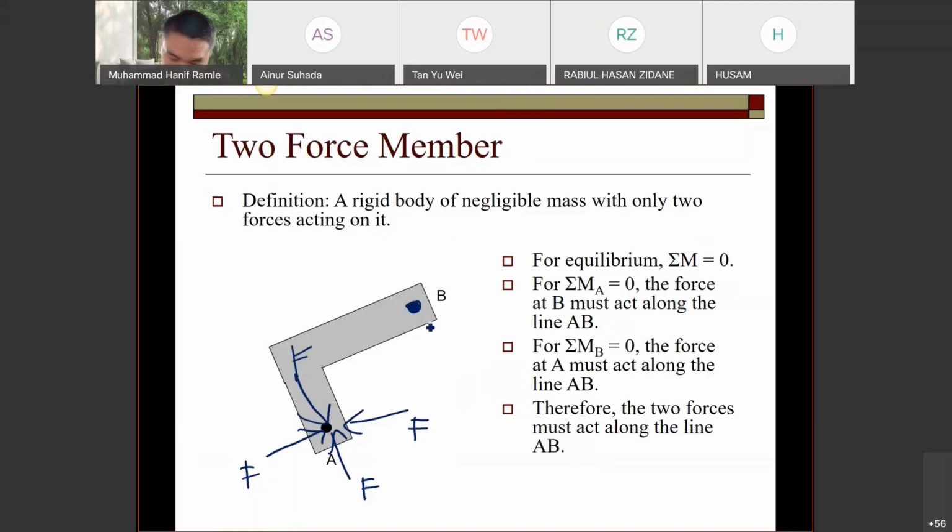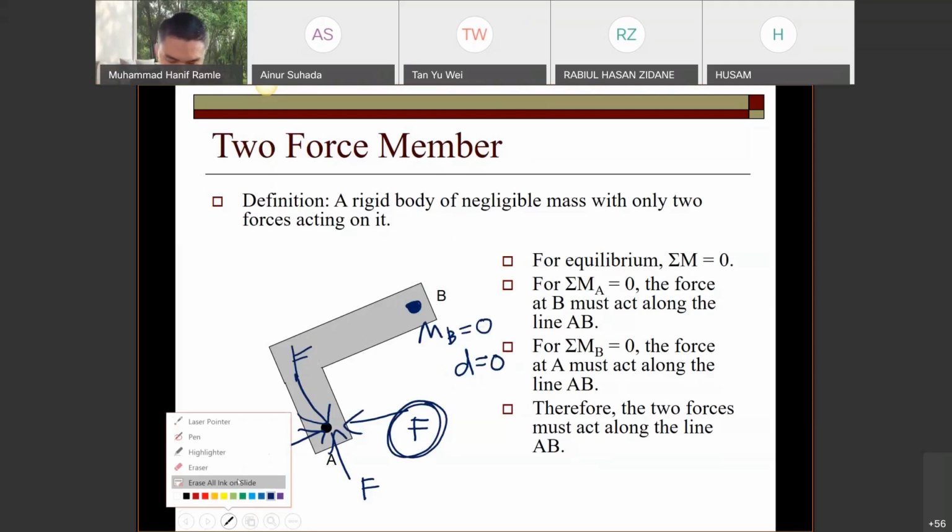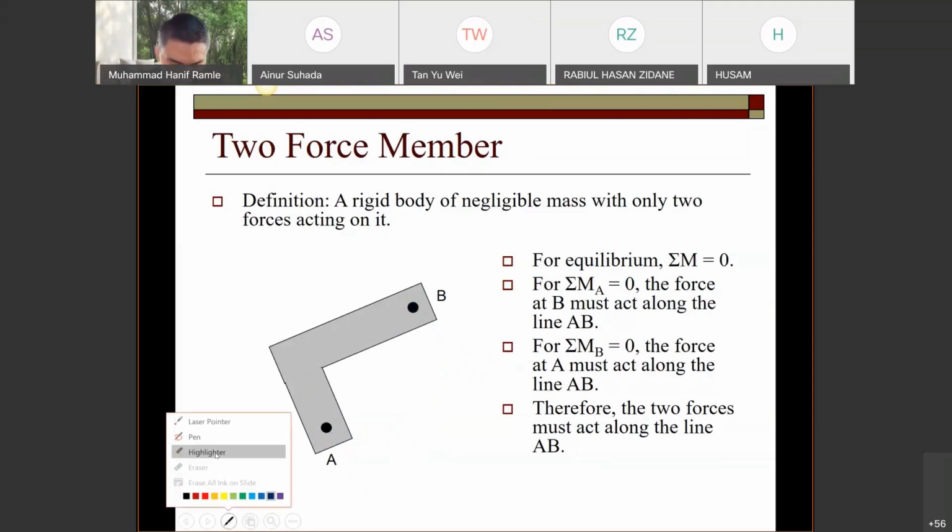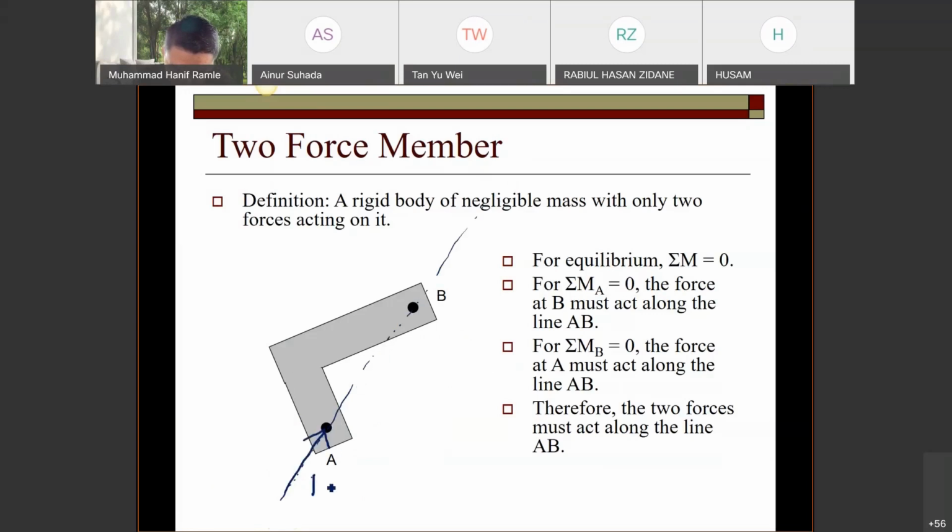So moment about point B should be equal to zero, and of course we consider F and determine D, which must be equal to zero. Same as for MA, the force must be along the line AB, and then we get moment about point B equal to zero.